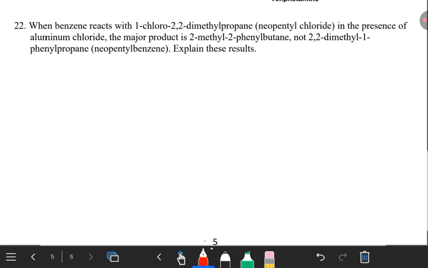So we have the benzene, which is here. This benzene had to react with 1-chloro-2,2-dimethylpropane. Propane means it is something with 3 carbons. At position number 1 there is chloro, so this is our position 1, there is a chlorine there.